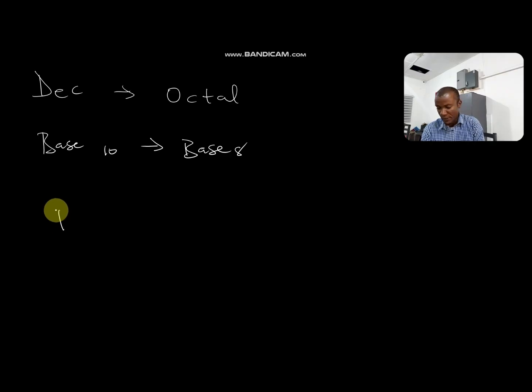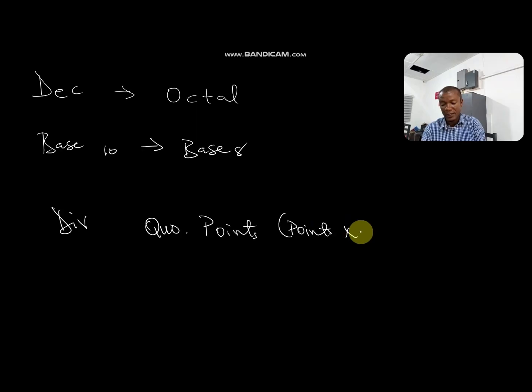I have my division, and when I divide, I will get a quotient. Probably there may be some points. Then I will be interested in the remainder. Here we take the remainder as our answer, and to get the remainder, I will multiply the point by the base to get my remainder.